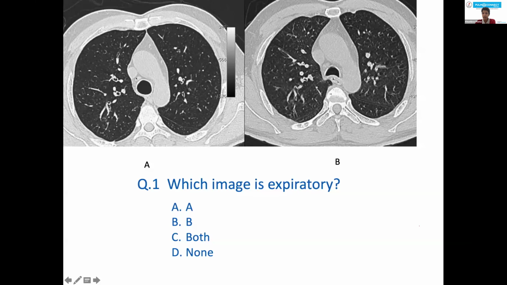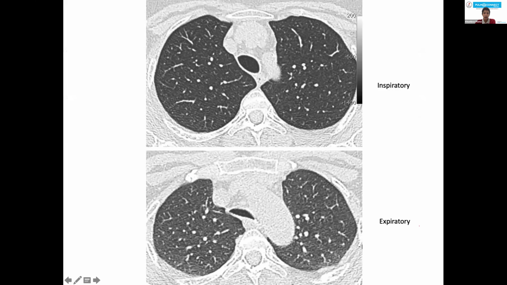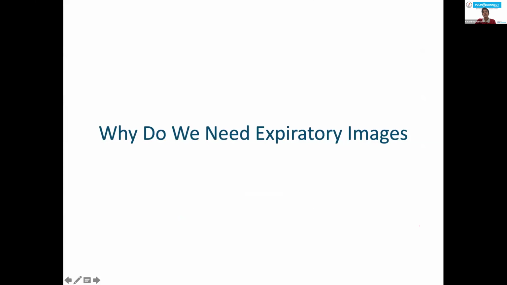Why? Because a round trachea means an end inspiratory image, whereas a trachea which is flattened on the back means it's an expiratory image. Again, you see a round trachea and a flattened trachea, inspiratory and expiratory image. This is how you differentiate inspiratory from expiratory.